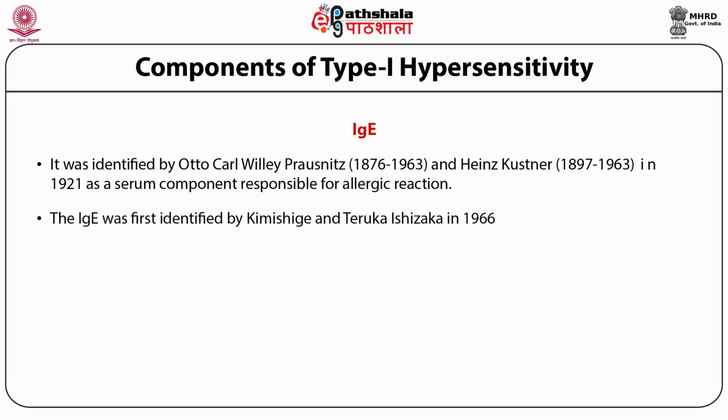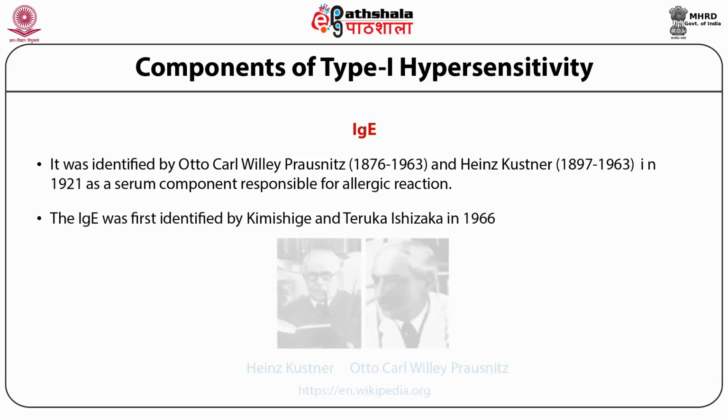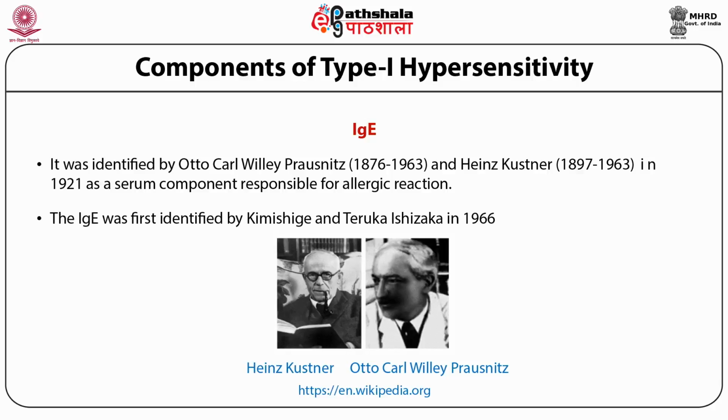IgE was first identified by Kimishige and Teruko Ishizaka in 1966. They immunized a rabbit with serum of an allergic human individual to prepare anti-isotype antiserum. The rabbit serum thus obtained was reacted with all the antibodies known at that time.